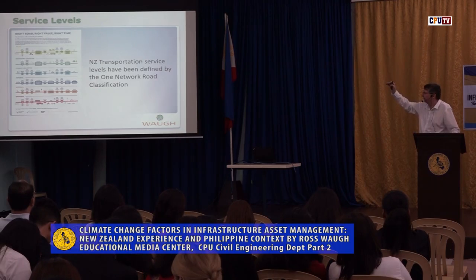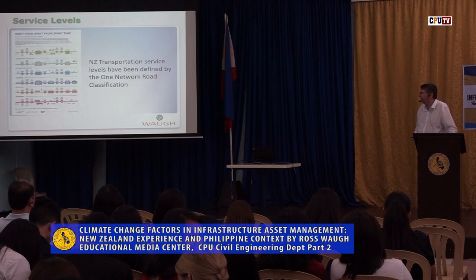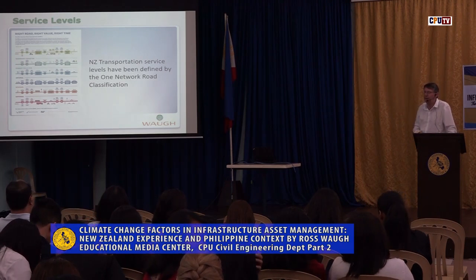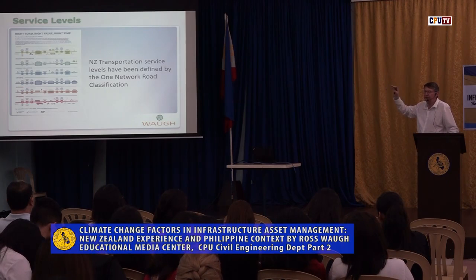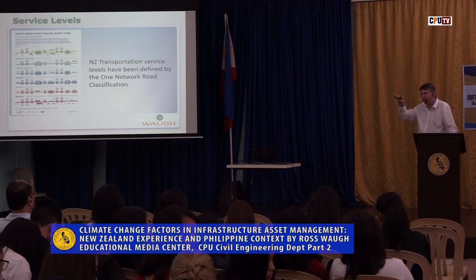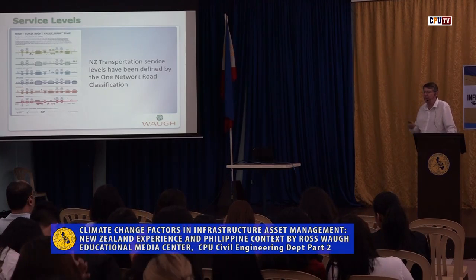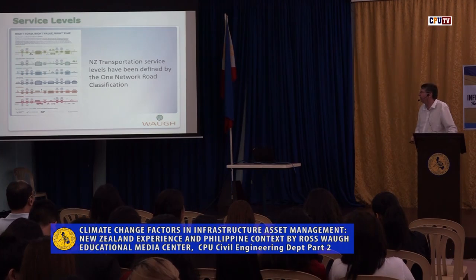So we had access roads and then collector roads and then national roads and then main highways. And they have a set of things going across all the criteria that set that. And it doesn't matter where you are in New Zealand now, if you're on an access road, the standard should be the same. If you're on an arterial or a collector, the standard should be the same. And it's taking time to move to that, but that's where we're heading.